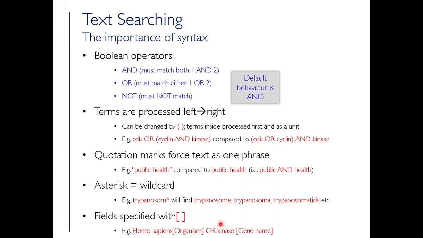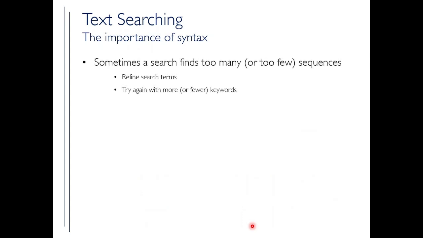And again, kinase here, if that's in the title of a paper or a transcript, then that won't necessarily come out of the search, because you're specifying that it needs to be contained within the gene name. More details on that later on.